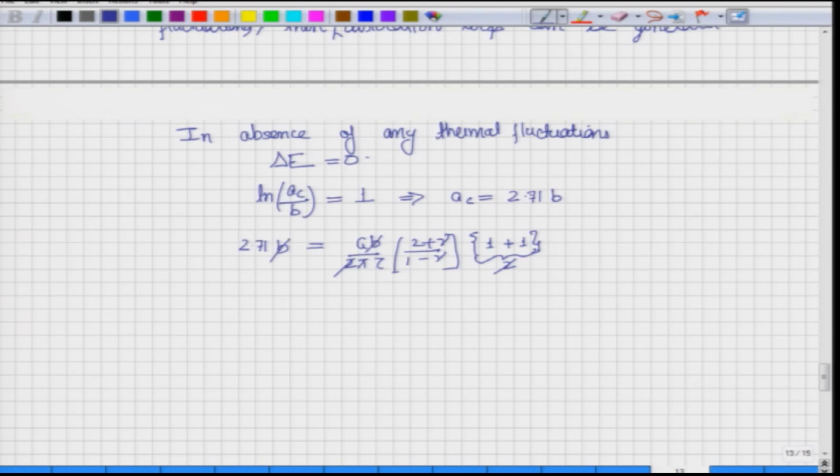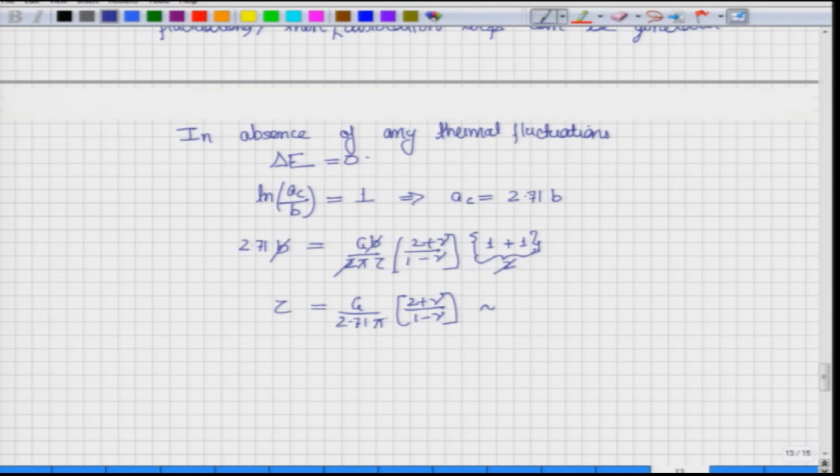So, what we have is this tau, the shear stress that is applied not onto the dislocation, but onto the system. So, this is the shear stress that is being applied, and when there is no external energy, it can be given by G by 2.71 pi into some factor, which is close to 1.